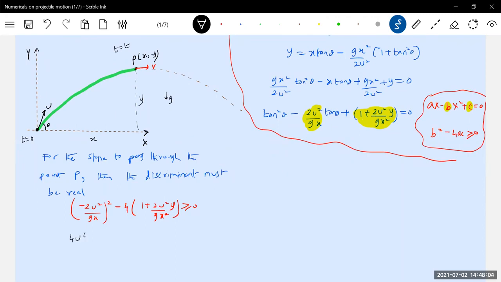u to the power of 4 g square x square minus 4 minus of 8y u square by gx square.